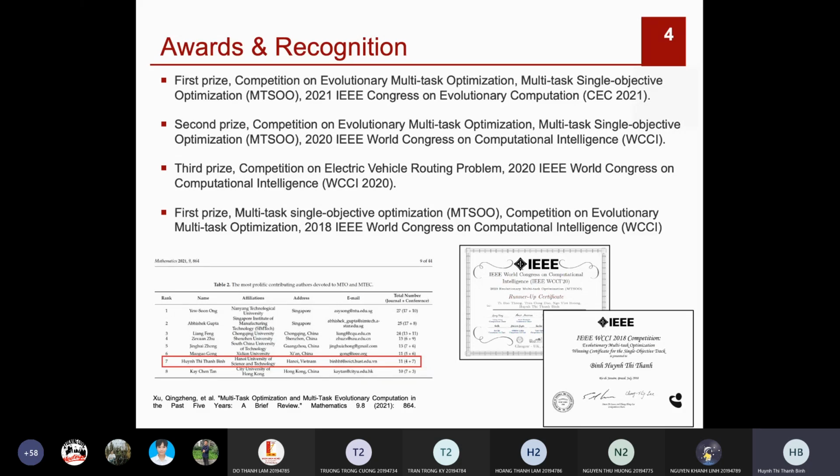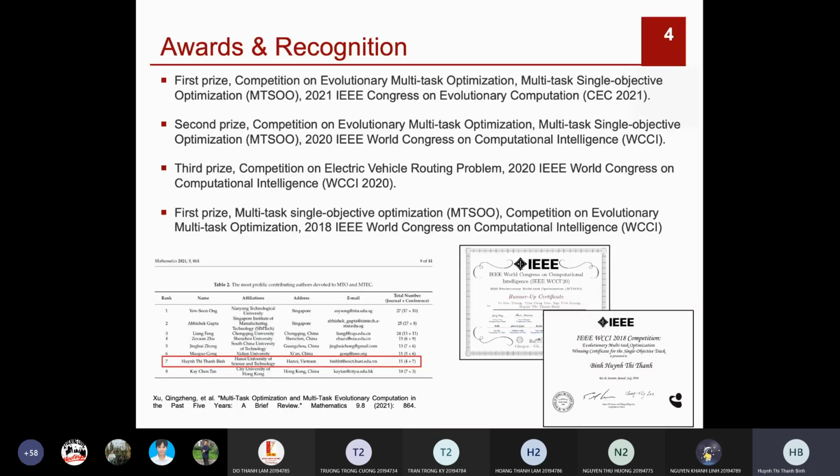Đây là một hội nghị đầu ngành về Evolutionary Computation. Năm ngoái nhóm mình có giành giải nhì ở competition on Evolutionary Multitask Optimization.